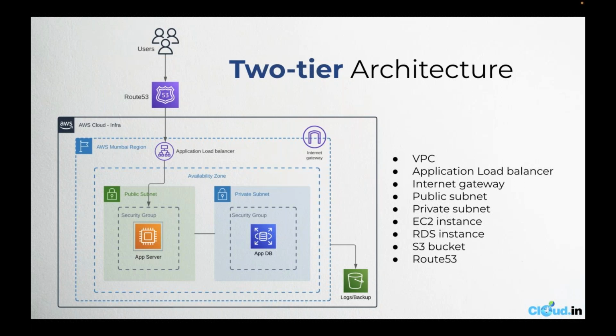You can control that using security groups. Next is the internet gateway. This is a horizontally scaled, redundant, and highly available VPC component that allows communication between your VPC and the internet.